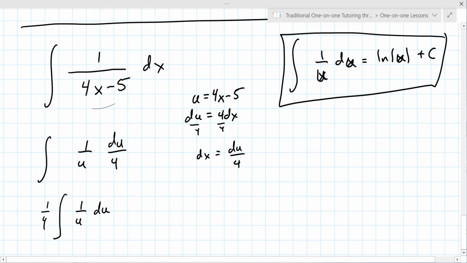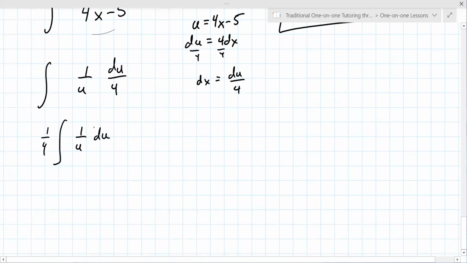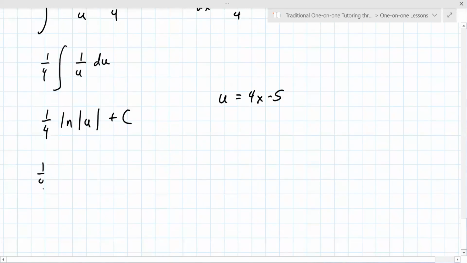What is the integral of 1 over u du? It's natural log absolute value of u plus c. But u is 4x minus 5. So you write 1/4 natural log absolute value 4x minus 5 plus c.